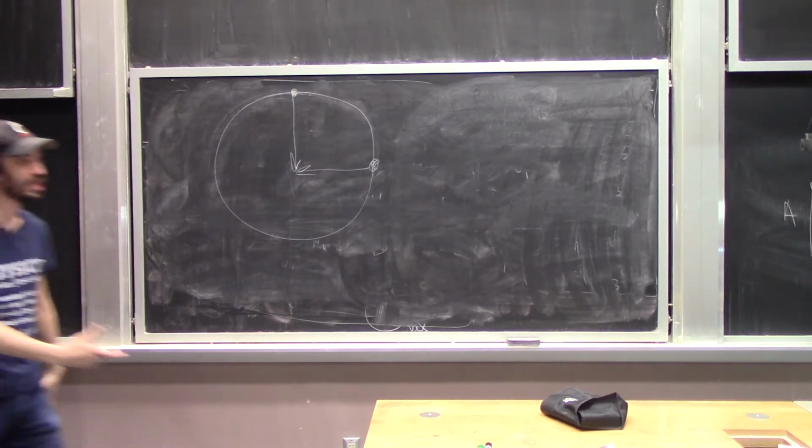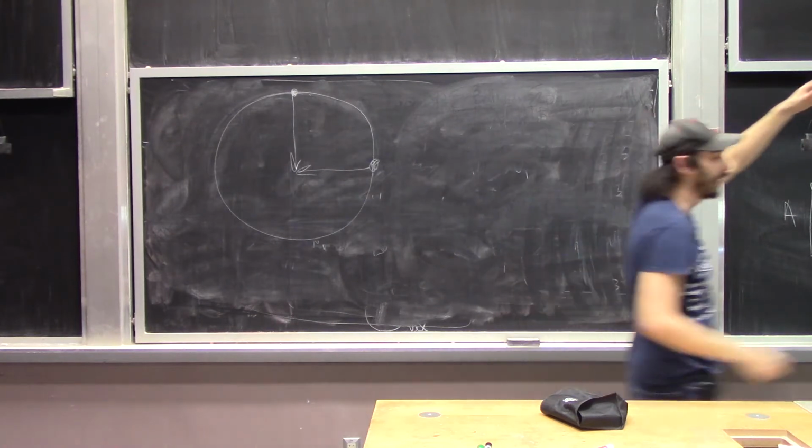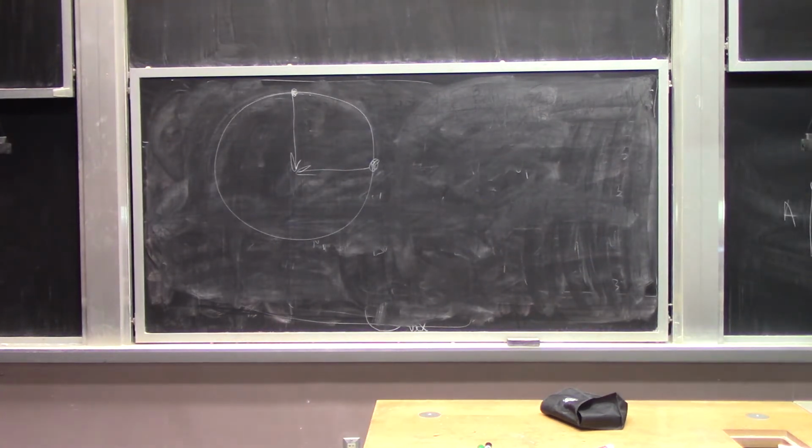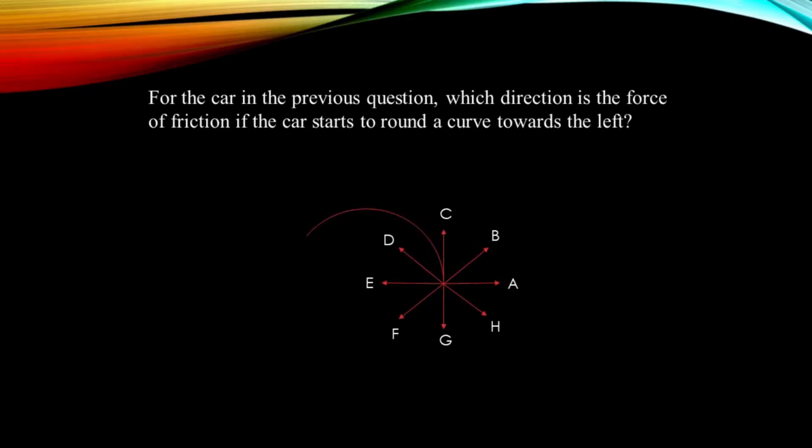And so that tells us there needs to be some kind of force to redirect this so that it doesn't go on forever. Okay, so now we want to think about, for this case, what is the direction of the force in order to make it go around in the circle? So go ahead and talk about this one.